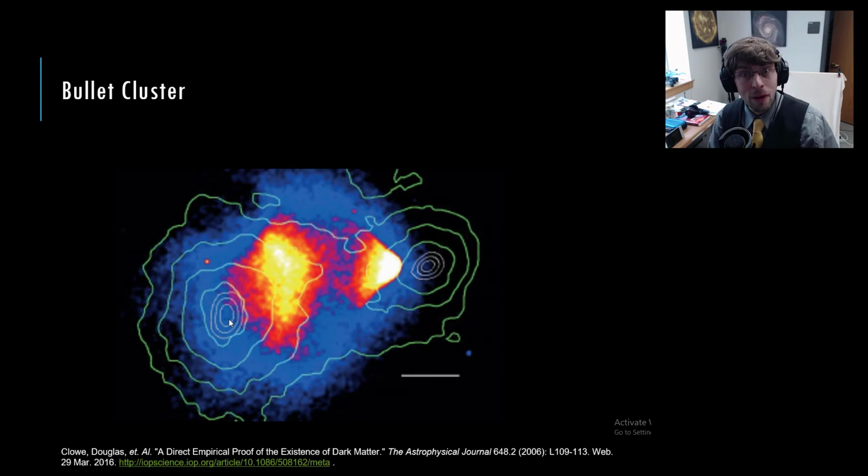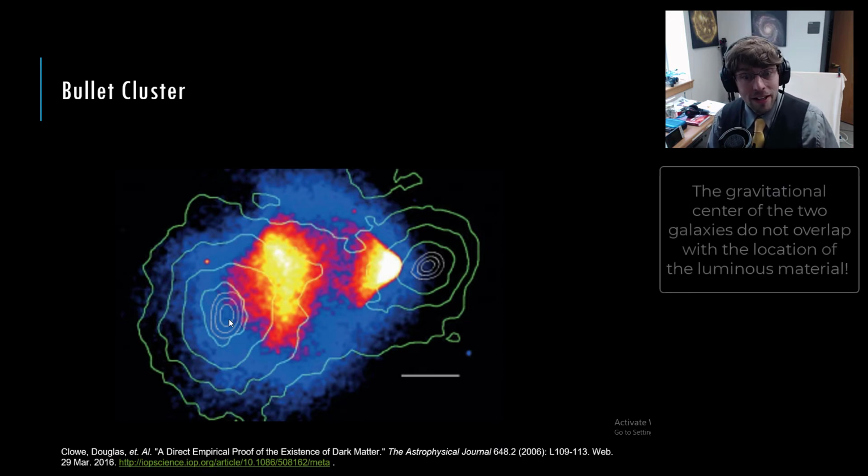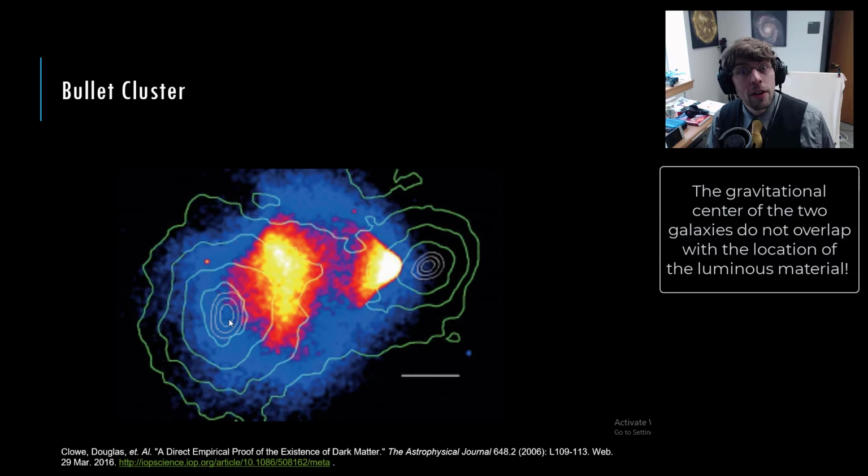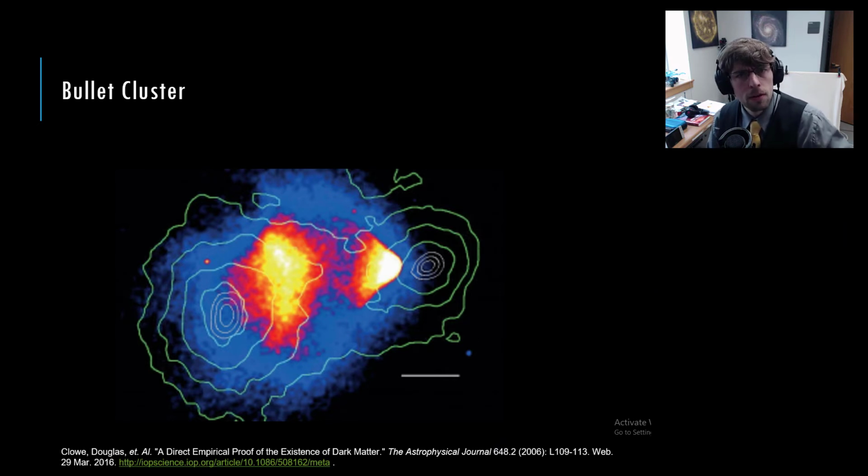It's cool. Look, the place where the material is located, here and here, doesn't align with the location of the gravitational pull. It's almost as if there is some material which does not emit light, but exerts a gravitational pull.